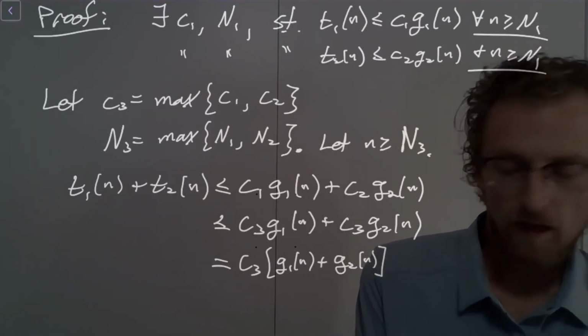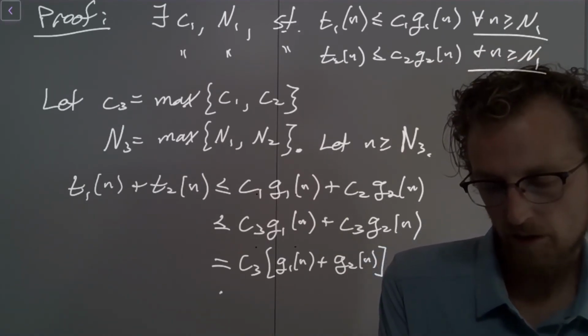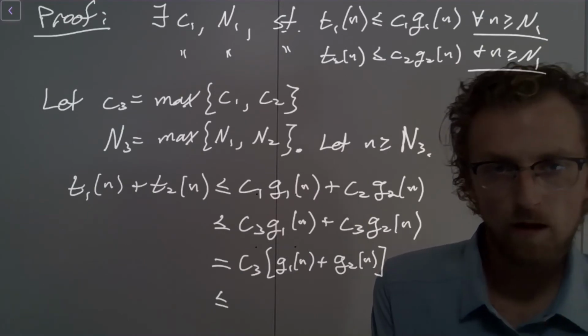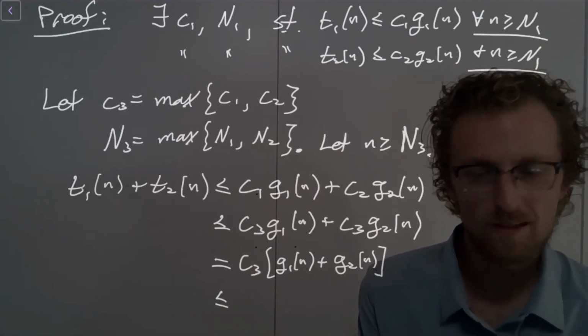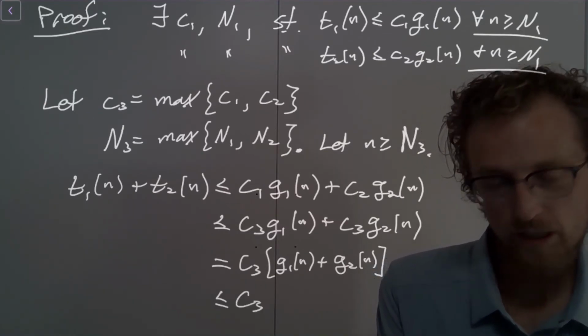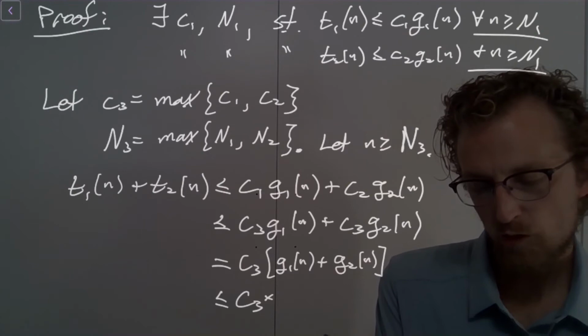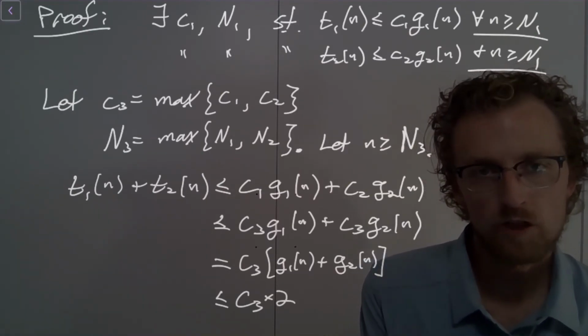Okay, and so now what do I have? Well, I've got this is less than or equal to the following. So this is a tricky little thing to try, but this is a fact, and I'll show you why. So this is less than or equal to c3. I'll just carry that through times 2 times the maximum of g1 of n and g2 of n.